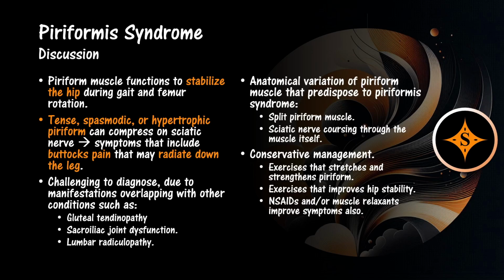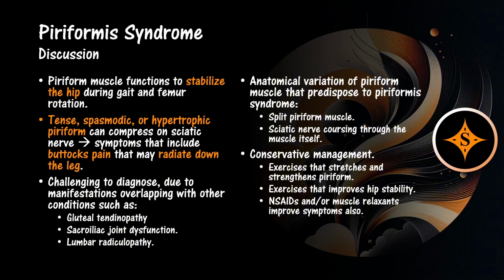And this causes symptoms that are usually in the form of buttocks pain that radiates down into the leg. It may be challenging to diagnose because it has many overlapping conditions that share this symptom, and because there is no optimal diagnostic criteria that has been established to this day.